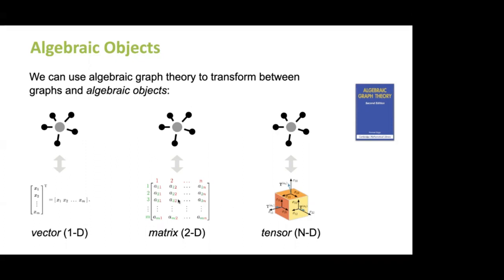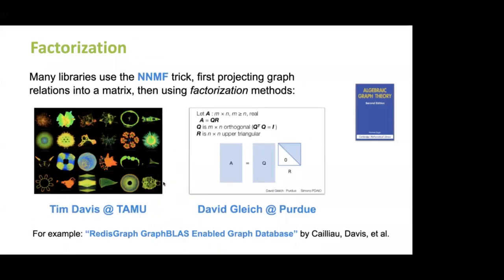Now, historically, a lot of the computation has been focused on matrices. And there's really great work with decomposition and factorization. A lot of libraries in the graph space, graph algorithm libraries, are leveraging a sort of non-negative matrix factorization trick. And there are some really excellent resources. I highly recommend David Gleich at Purdue, formerly Stanford.